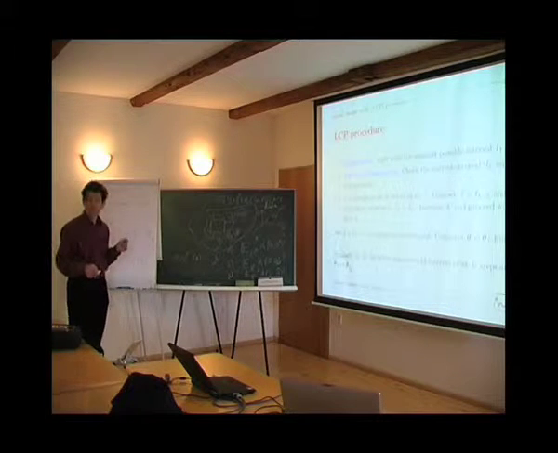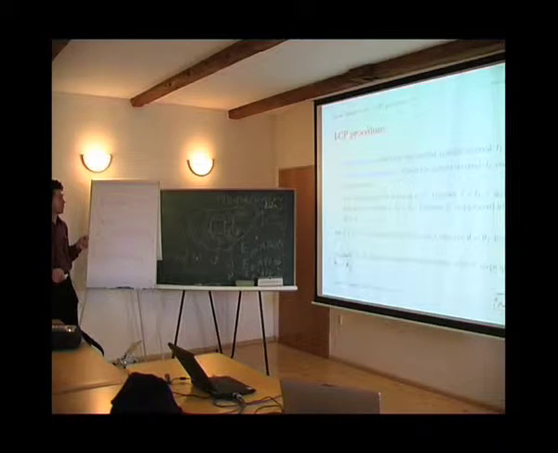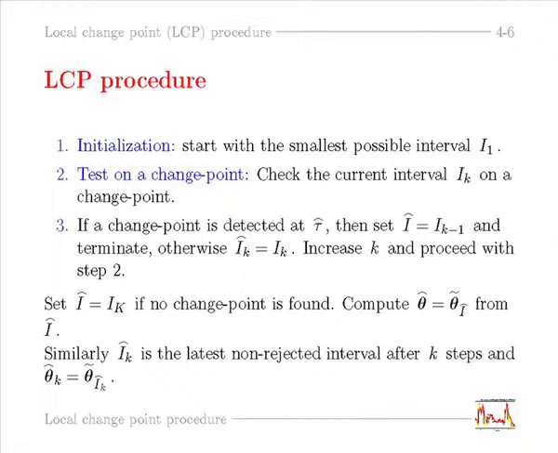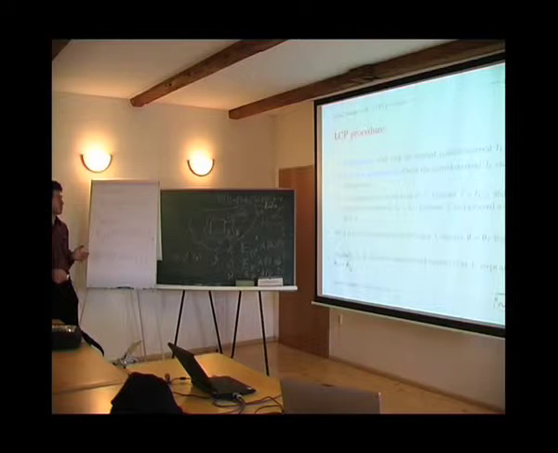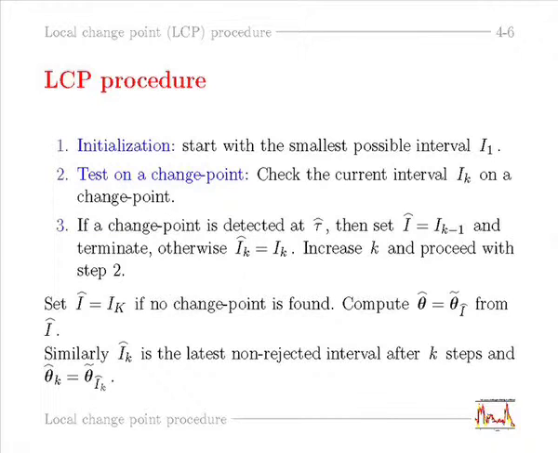If you have a change point, then you go to the previous interval. Otherwise you accept. Finally you select the latest non-rejected interval. So basically it is the same kind of procedure; the only difference is that you have another test. Earlier it was a test of homogeneity by comparing different interval confidence sets, and here you check by this change point analysis.